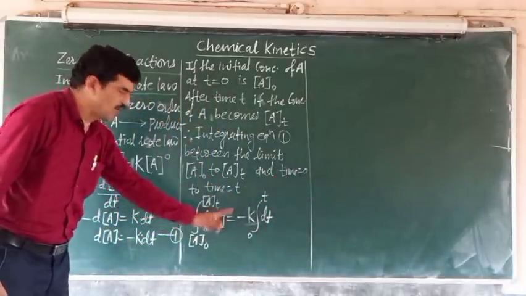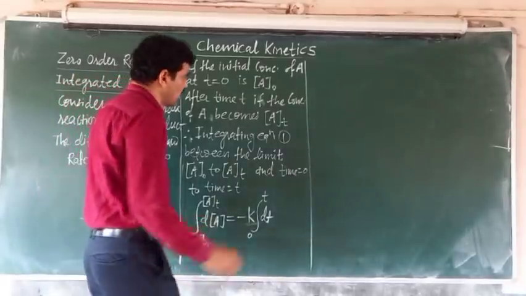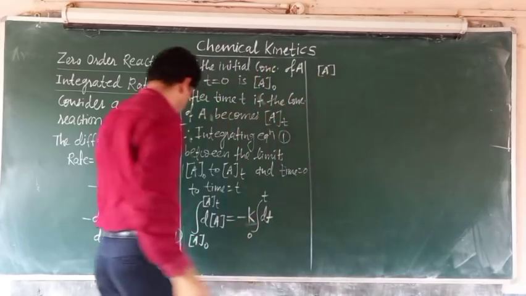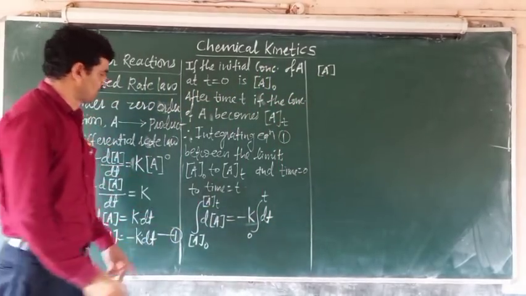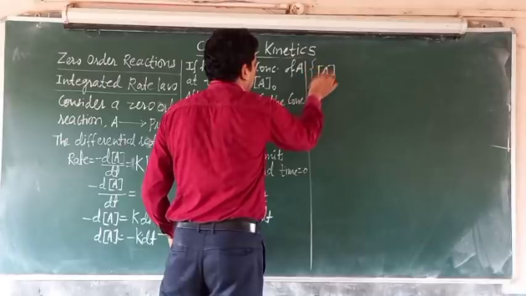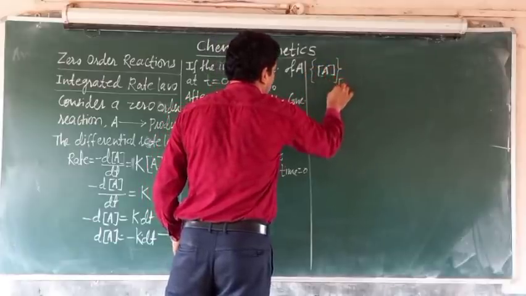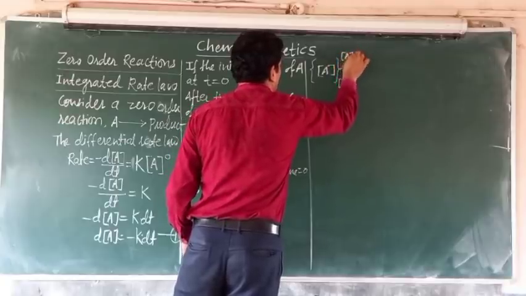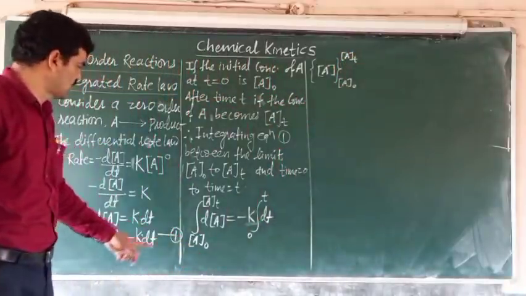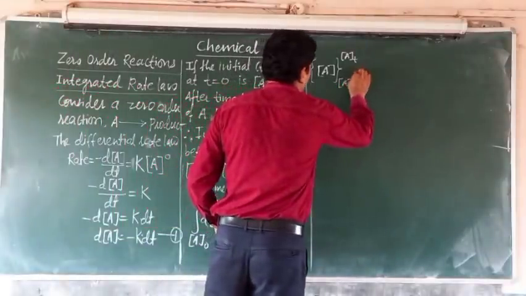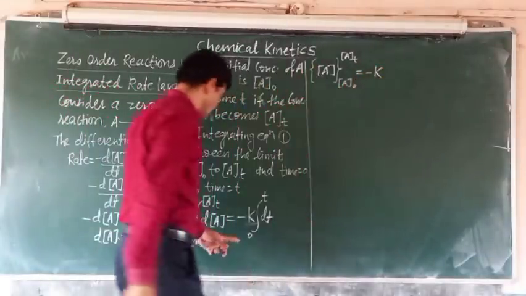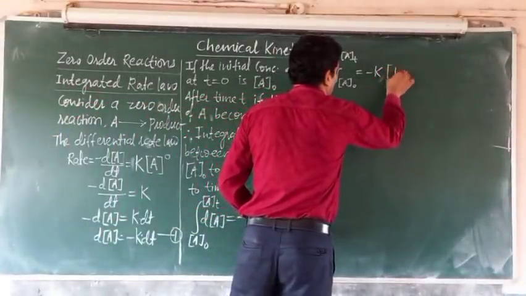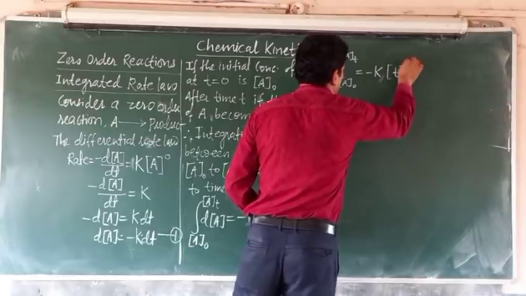Now the integration of dA is A, and the limits are: lower limit is A0 and the upper limit is At. These are the limits of concentration, equal to minus k, integration of dt is t, and the limits of t are 0 to t.